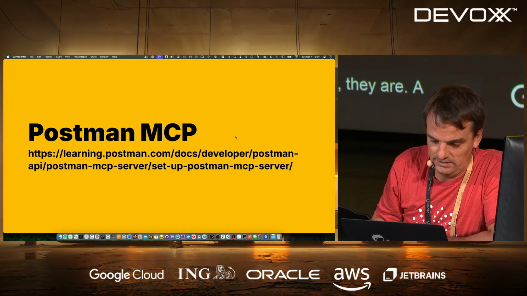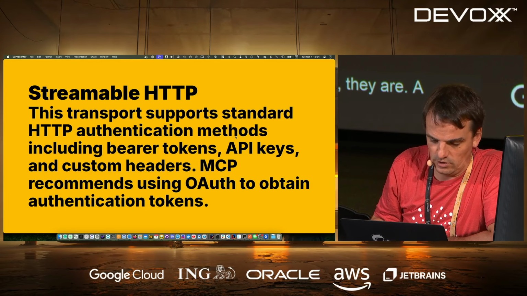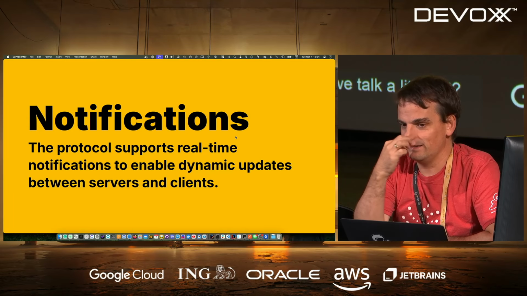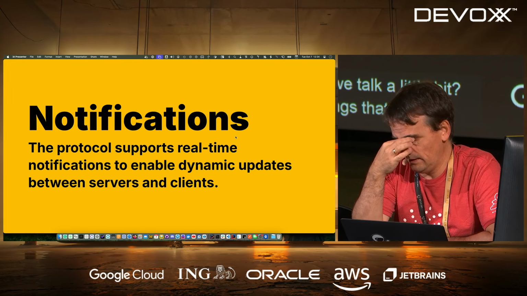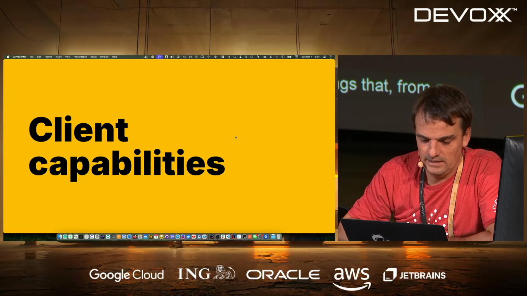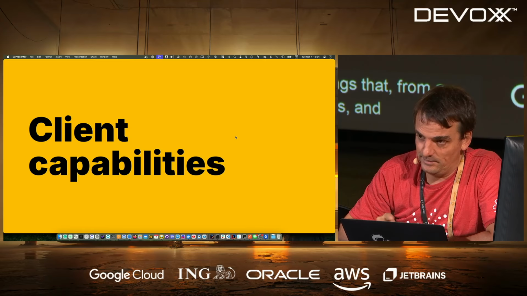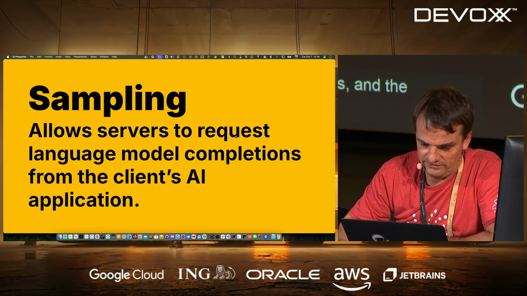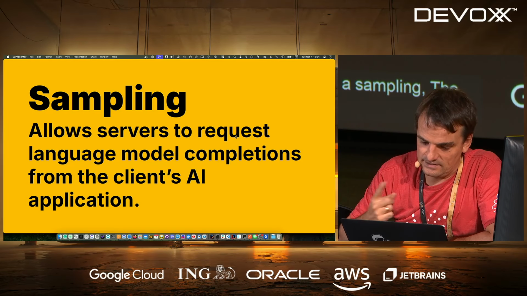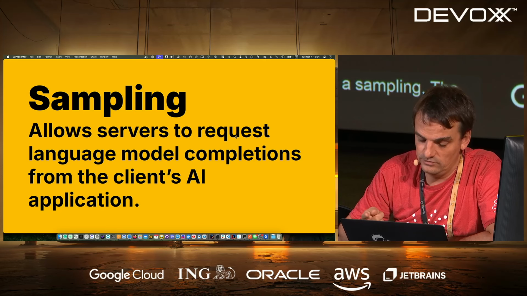Postman supports MCP as well. Security, we talked a little bit. I didn't talk about notifications. There are a couple of things that you can do from a server. There are notifications, and the clients can advertise some capabilities. They have sampling. The idea is that you ask an LLM to complete for you.